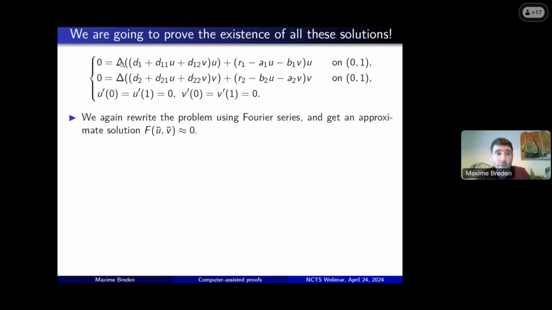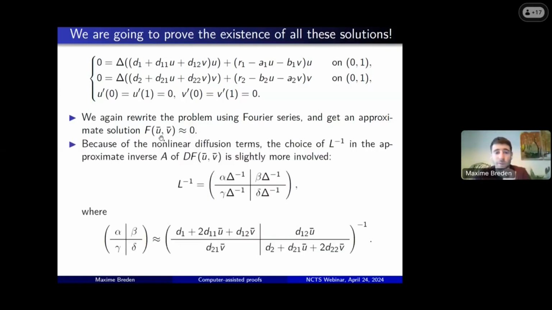Applying the Laplacian to a trigonometric polynomial is also not trivial. And then computing f of U bar, V bar is not so hard in that case. You just have to do it with interval arithmetic to be careful with the rounding error, but that's basically it. So this is not the big problem.